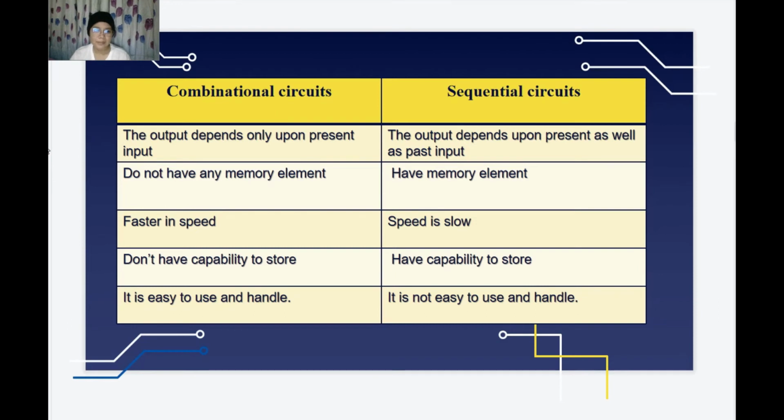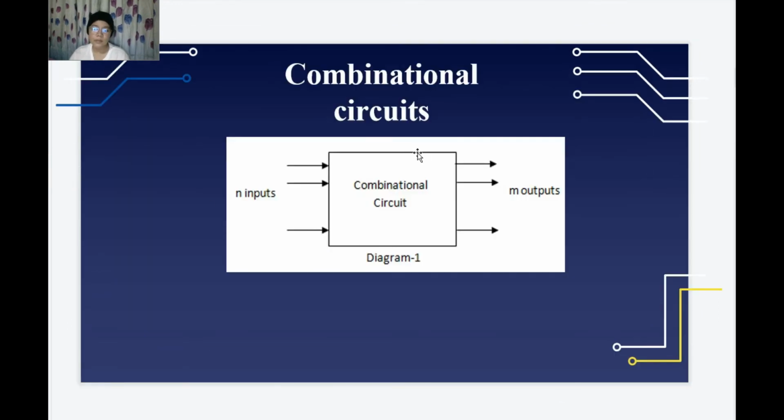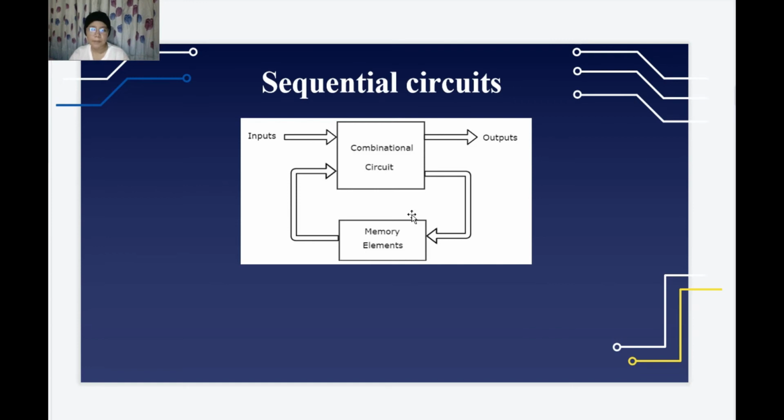Just like what I said earlier, in combinational circuit it only depends on present input to generate output, while in sequential it depends on the present input and also on the memory element, which holds the previous output, to generate output. So that's the first difference.